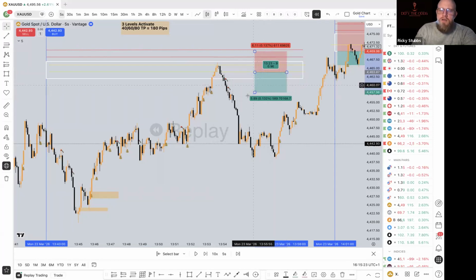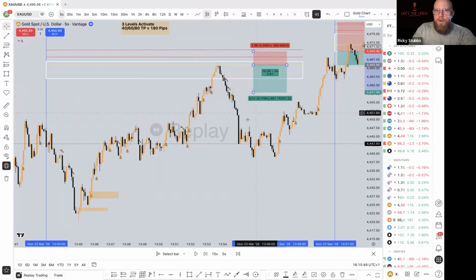So now we have a grand total of 100 pips potential upside. Price then drops and activates our third level. At your third level, you now have another 20 pips gained. So we had a 40 pip, a 60 pip, and now we have a potential 80 pip take profit.